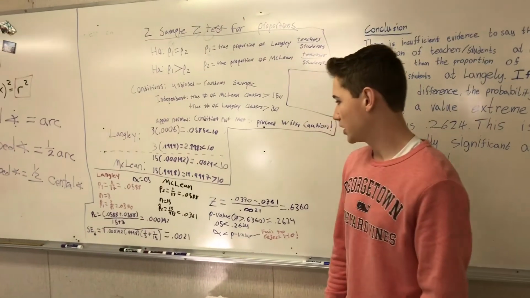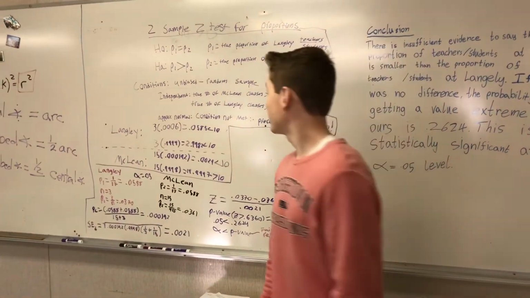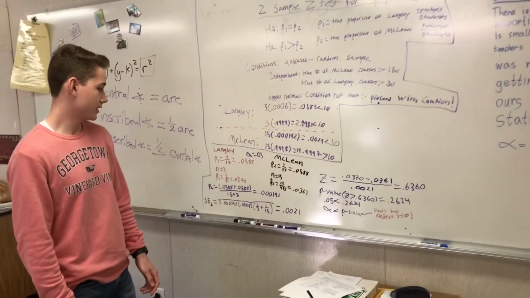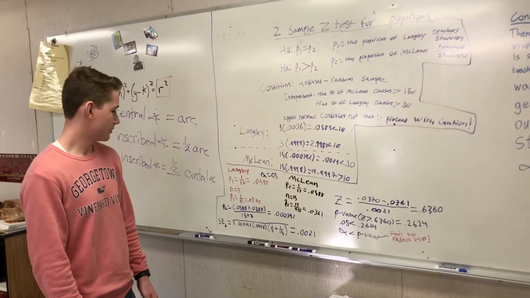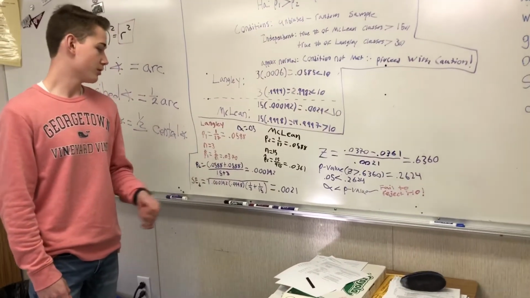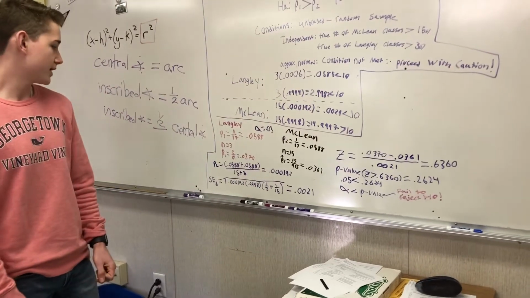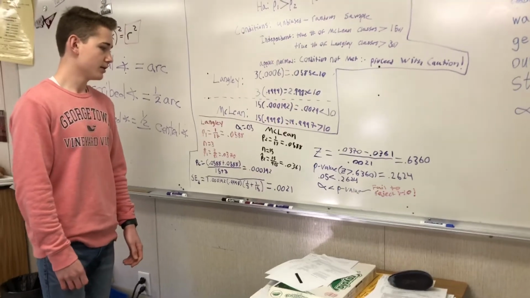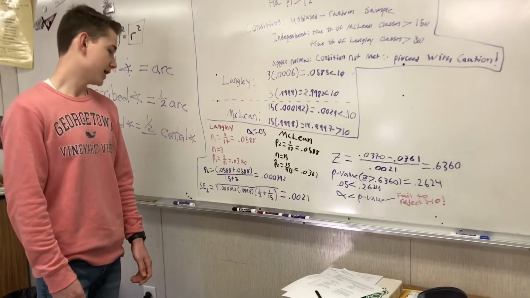Alright, so from our calculations, since it was a 2-sample z-test for proportions, we had to find the population proportion, which was 1/17 at each of the schools, and we just used the website for that. And then our sample size from Langley was only 3, and McLean it was 15.